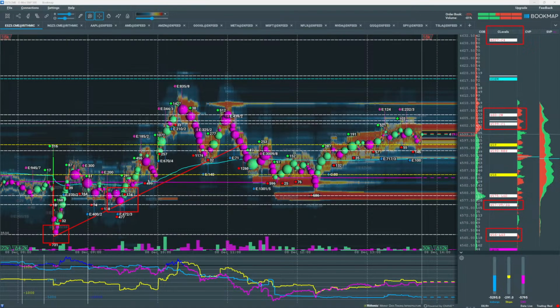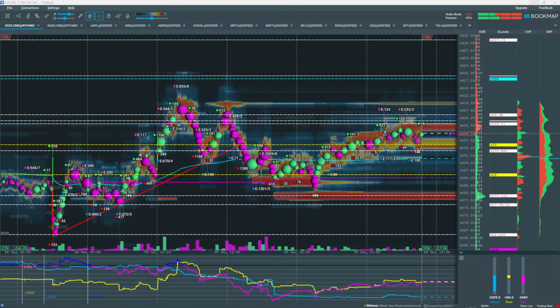Then there was another pullback to the SPY 458 level, and that's not a SpotGamma level, just a round number level. And then finally the SPY 460 call wall is just above the SPX 4600 call wall, acting as resistance. Now I'll talk more about setups in a few minutes.